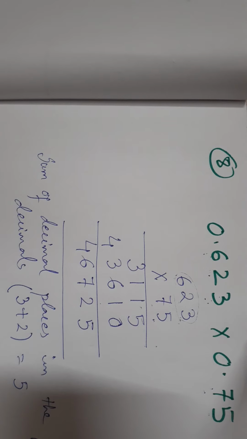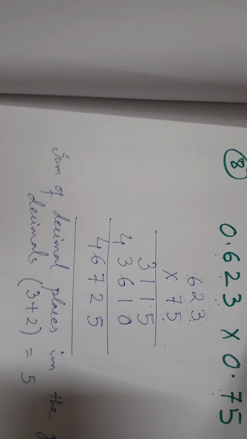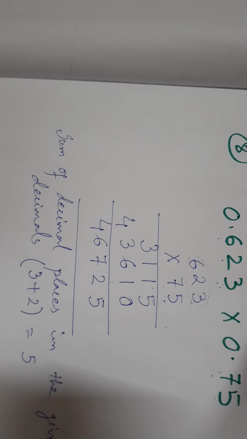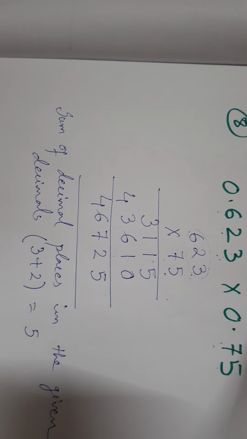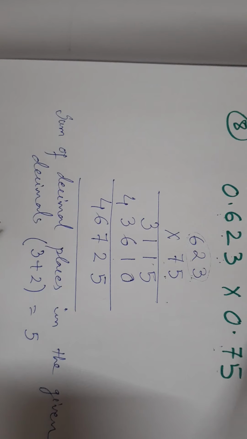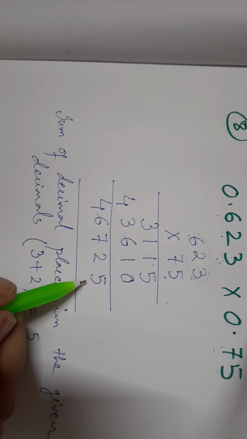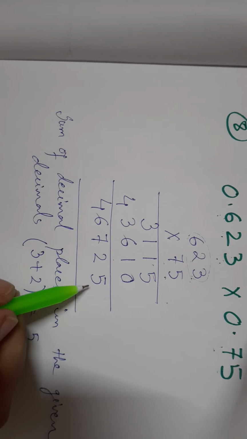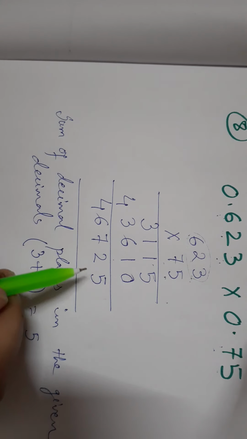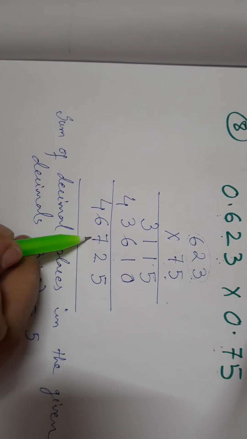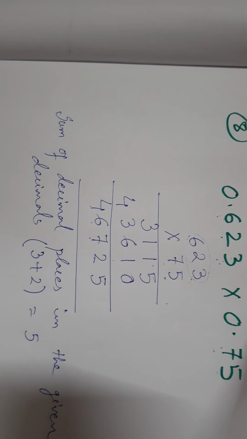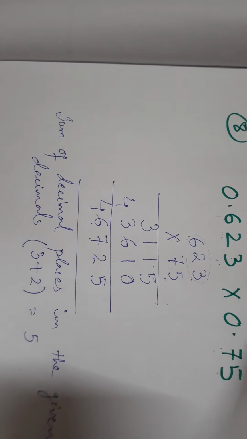So now for writing the answer, we need to place the decimal point also. Only when we place the decimal point can we get the answer. So we start counting from the right side again. This is 1 place, 2, 3, 4, 5. Fifth place, that means in front of 4 we need to put the decimal point.